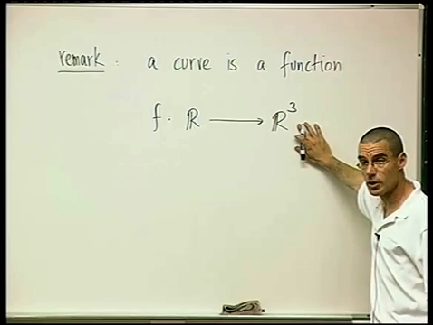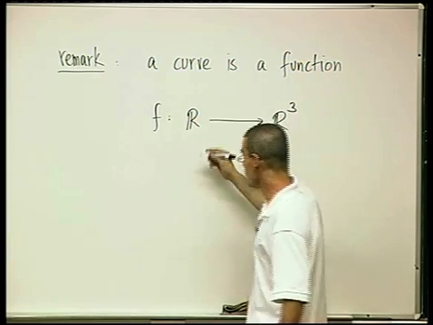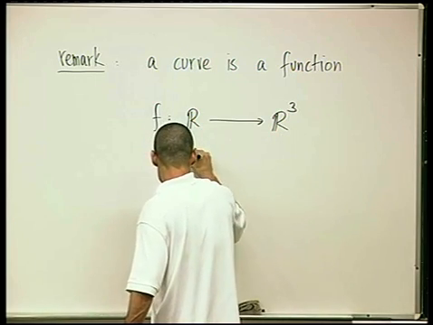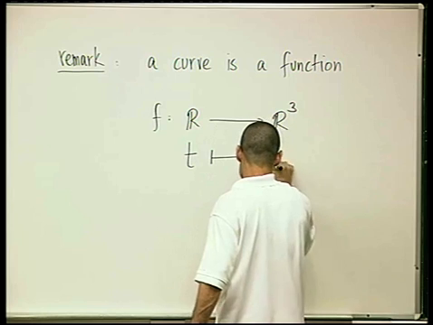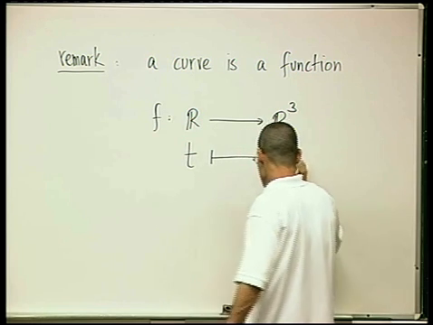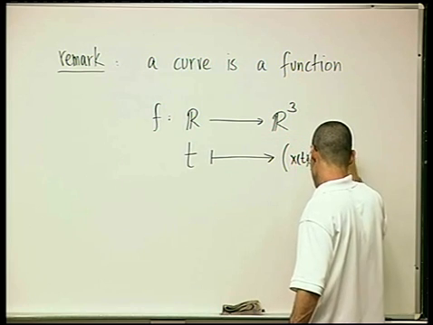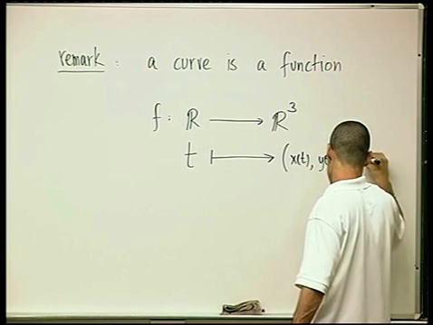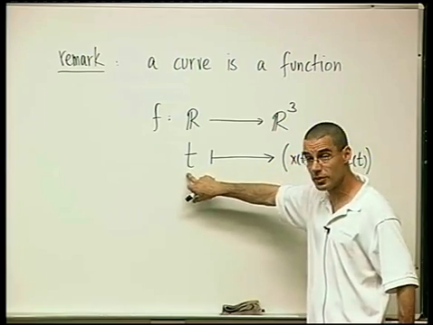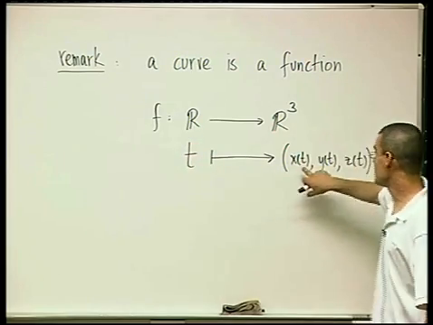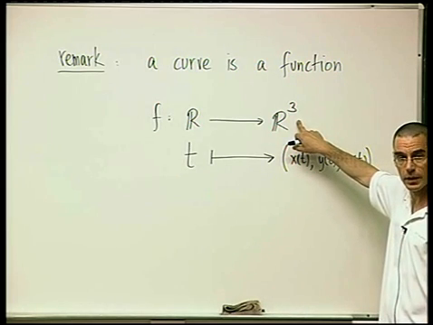R3 is 3-dimensional space. So this function takes a point t and sends it to x of t, y of t, z of t. So it's a correspondence that takes points t in R and sends them to points x, y, z in R3.